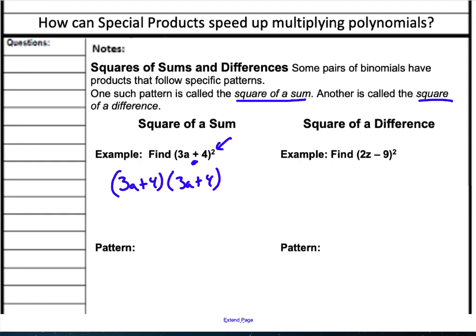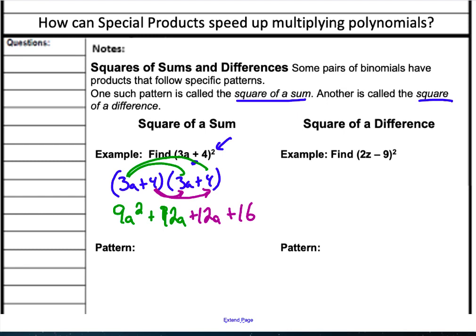So 3a times 3a is 9a squared. And then we do 3a times 4 is 12a. Then I do the same thing with my second term. I distribute it through. So 4 times 3a is 12a, and 4 times 4 is 16.